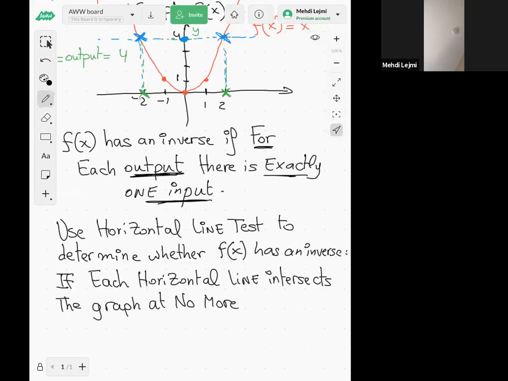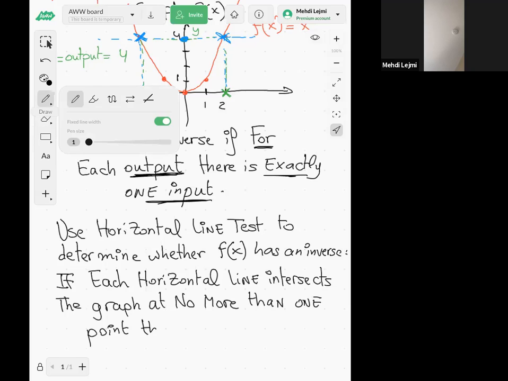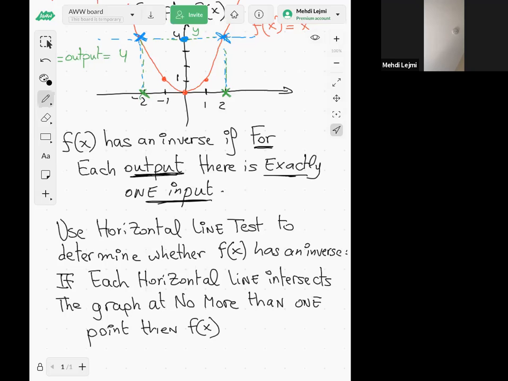At no more than 1 point, then f of x does have an inverse.